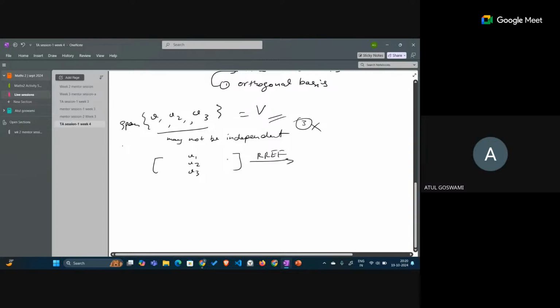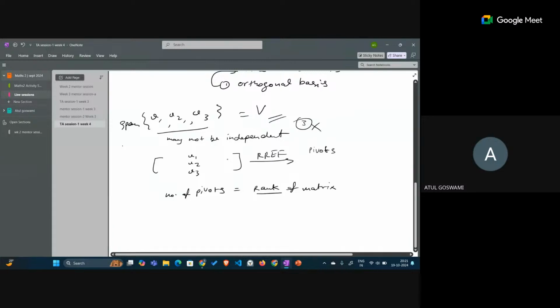Reduced echelon form, or REF is enough, and then we look for pivots. The number of pivots equals the rank of the matrix.